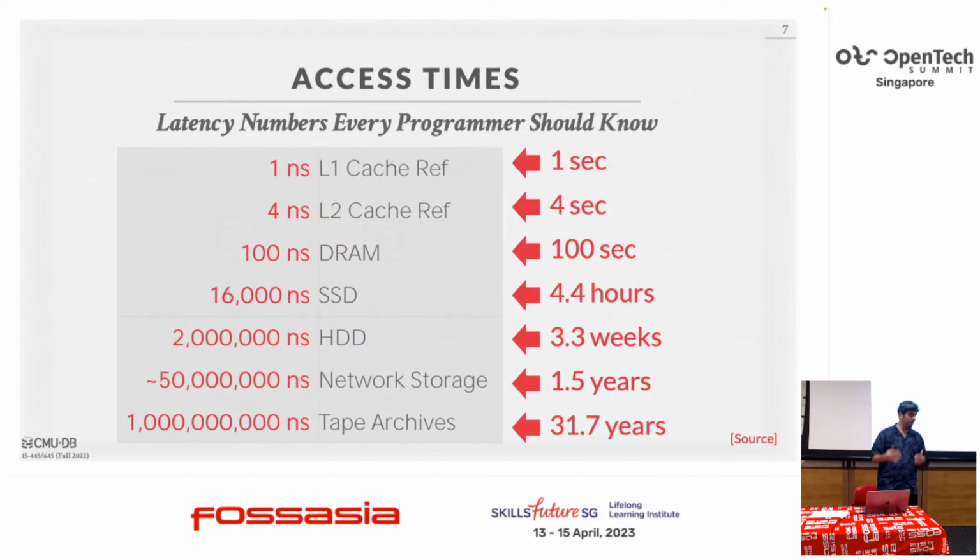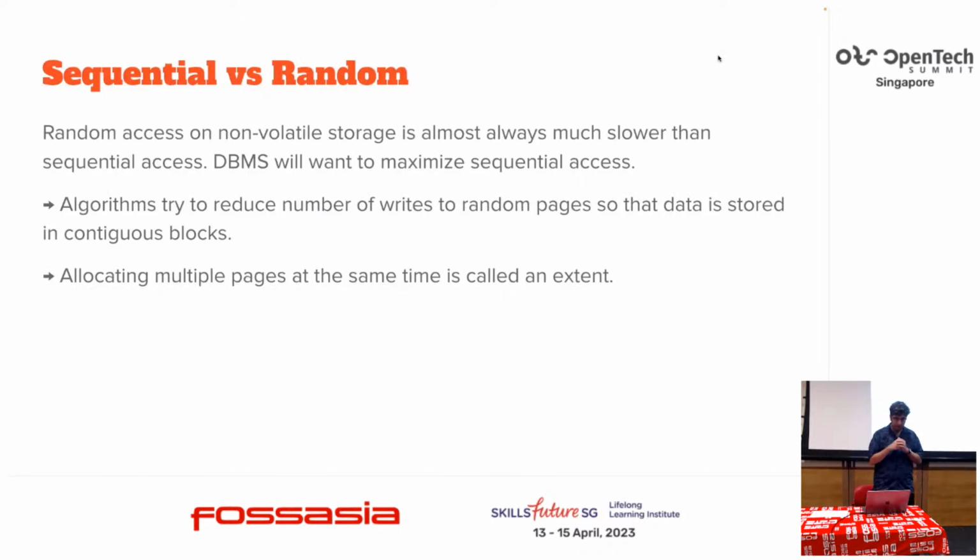This is something that you must be aware of when designing any system that needs to deal with a lot of data. Another thing you need to be mindful of is that random access on non-volatile storage will almost always be slower than sequential access, and generally storage engines and DBs will try to maximize sequential access, so they'll try to tune the algorithms because this is the fundamental bottleneck.